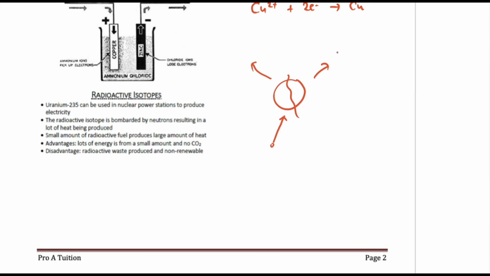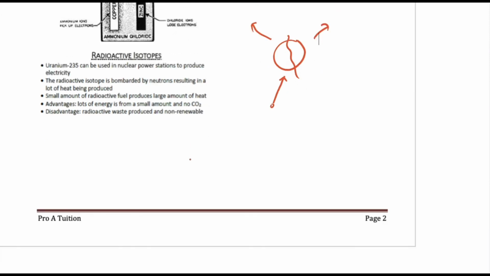If you accidentally take it out and play around with it, you get radioactive exposure and skin cancer. And it is non-renewable. Once uranium-235 has been used up, there is no more. So that finishes the theory part.